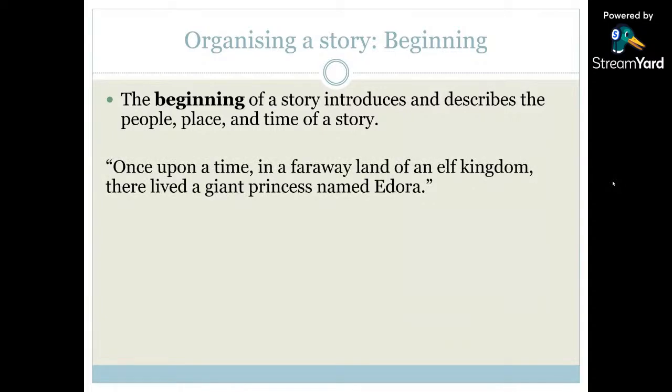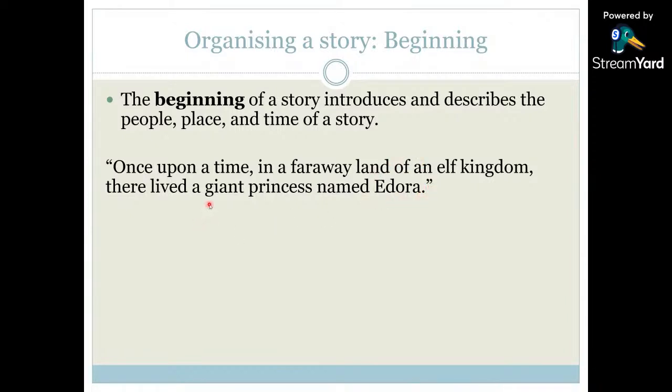Let's look at examples of the beginning of a story. Once upon a time, in a faraway land in an elf kingdom, there lived a giant princess named Eudora. Okay, jadi once upon a time ni, masa. In a faraway land of an elf kingdom ni, tempat. Giant princess named Eudora adalah watak. Jadi watak dia nama Eudora je lah.